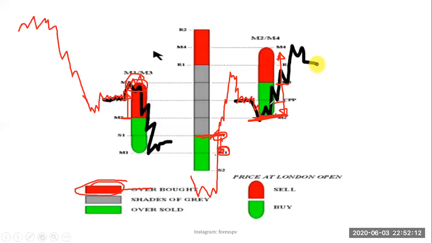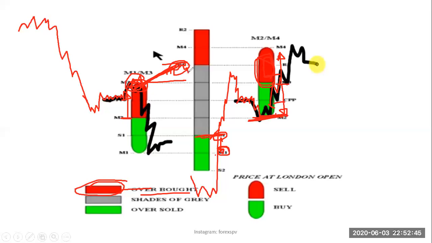And suppose now you have missed an entry and price has already reached this red zone, then you should never look for buys because it's an area for overbought. So the same to this one, when price reaches M3 or R1, any price level around this range will give you a pattern, and that will be a high probability setup.